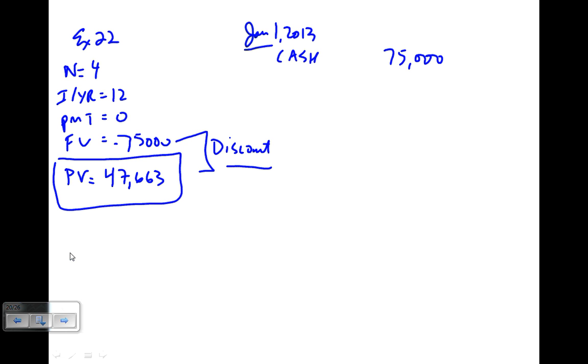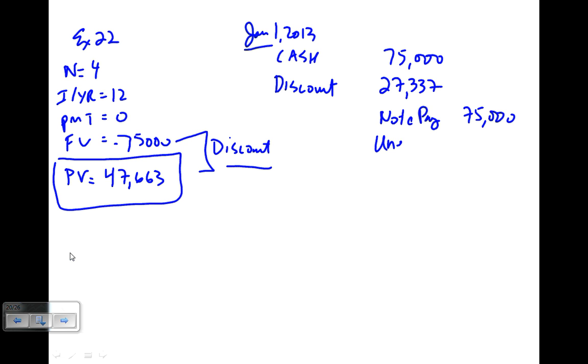We have a note payable, $75,000. But we gave them something in return, right? And so the real discount here on note payable is the difference between the $75,000 and $47,663, and that'd be $27,337.